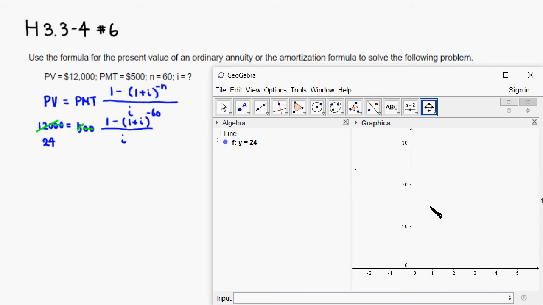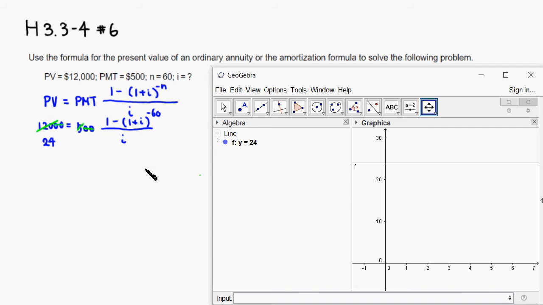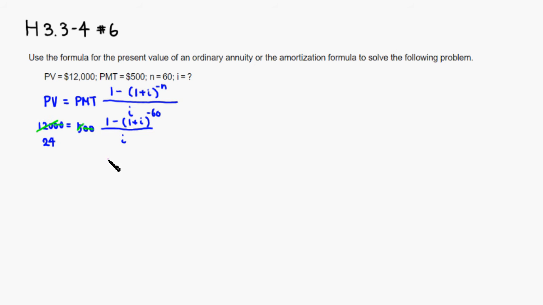Then we're going to type in the right hand side. So instead of I, I'm going to use x because that's what GeoGebra uses. So I'm going to rewrite it as 1 minus 1 plus x, raised to the negative 60 over x, right?